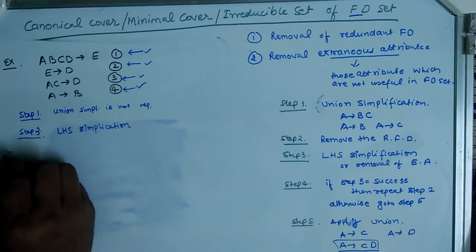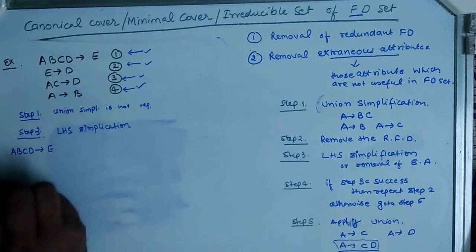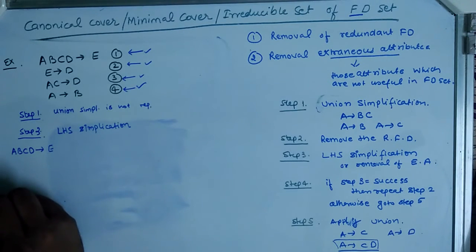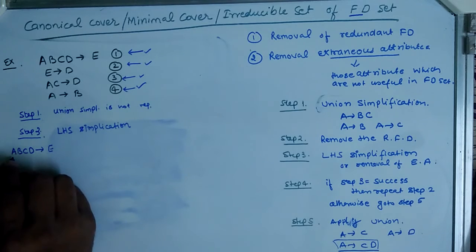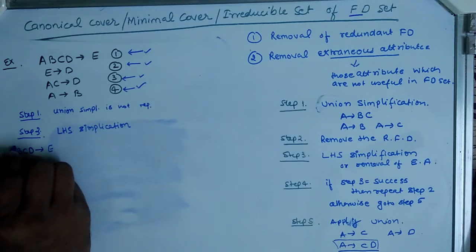For the first one, ABCD, which derives E, we need to check whether any attribute is extraneous. To check whether an attribute is extraneous or not, we just remove one attribute from here.